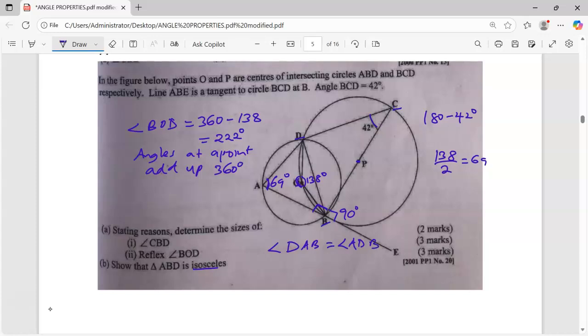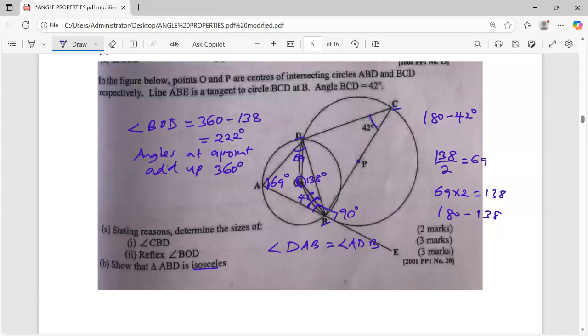That means if this is 69 here, we are going to have 69 at this point. We are going to have 69 times 2, which is 138. That means 180 minus 138. We are going to have 42 degrees at this point.